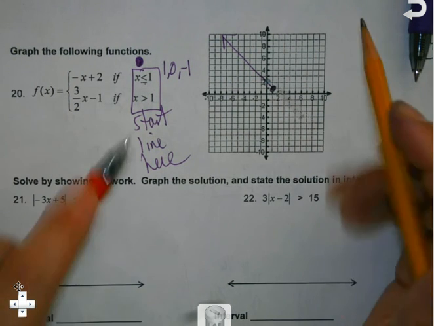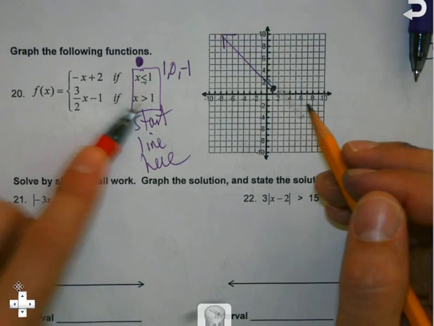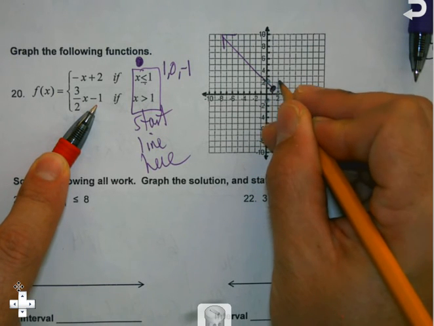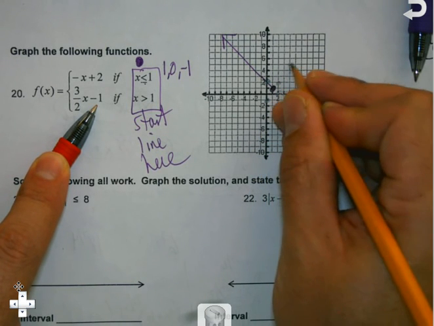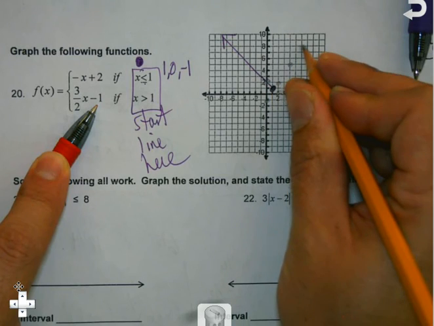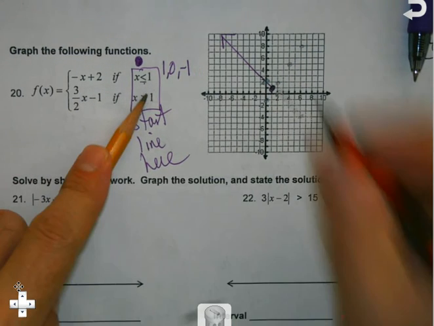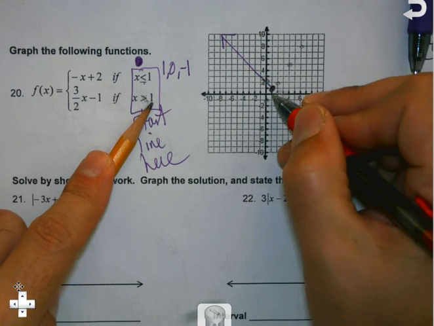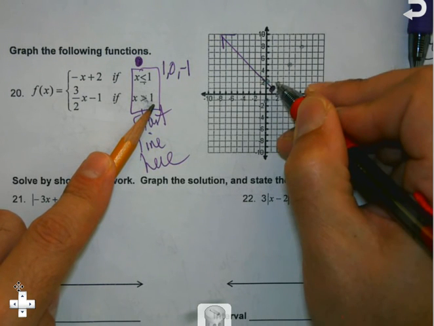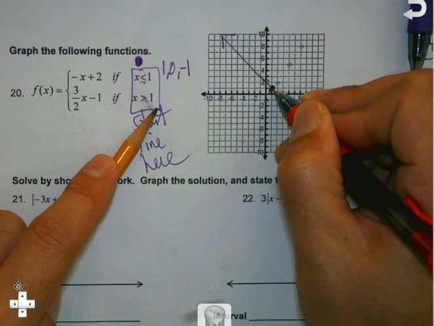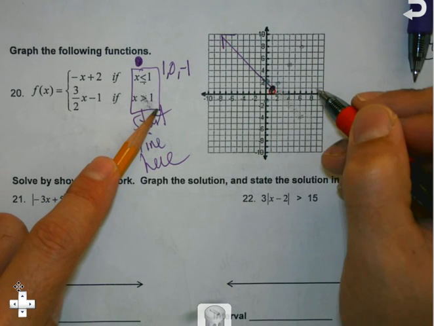Same thing here. Okay, I'm going to start at 1, but I'm going to graph my line first. 1, 2, 3, 1, 2, 1, 2, 3. Now this one's a little more interesting. You're like, okay, start at 1. Harty, there's not a dot there. Well, if I were to draw the line through, where does it look like it'd be? Well, almost the exact same point, just about. So I'm going to have an open circle there to the best of my ability.